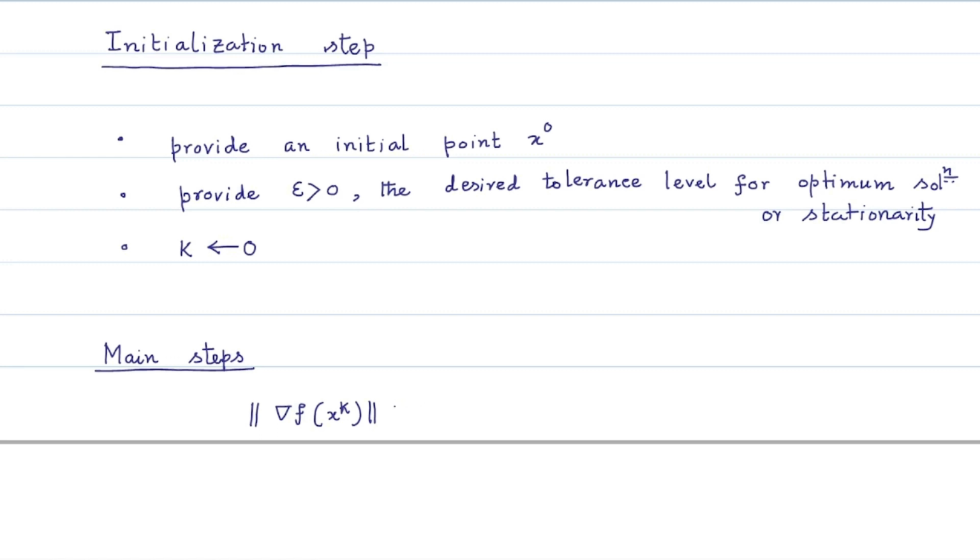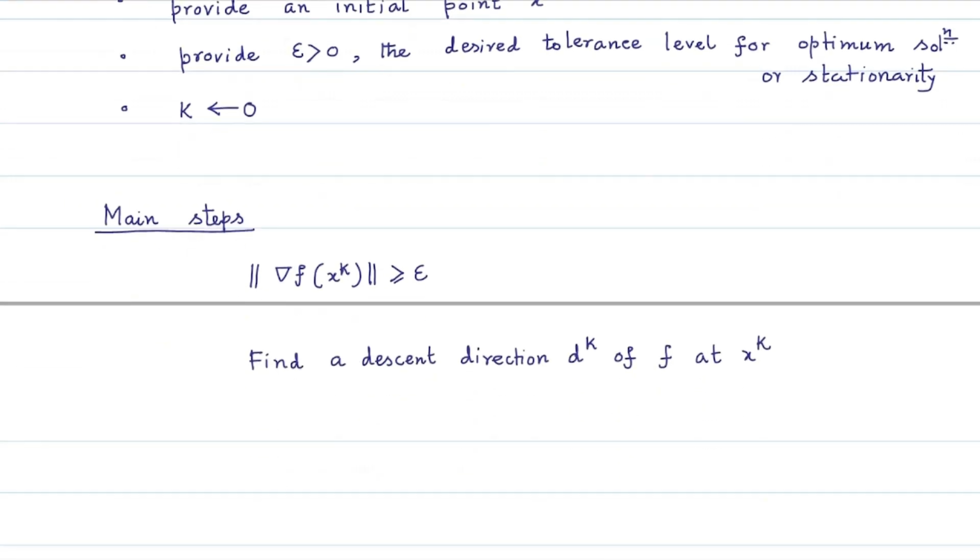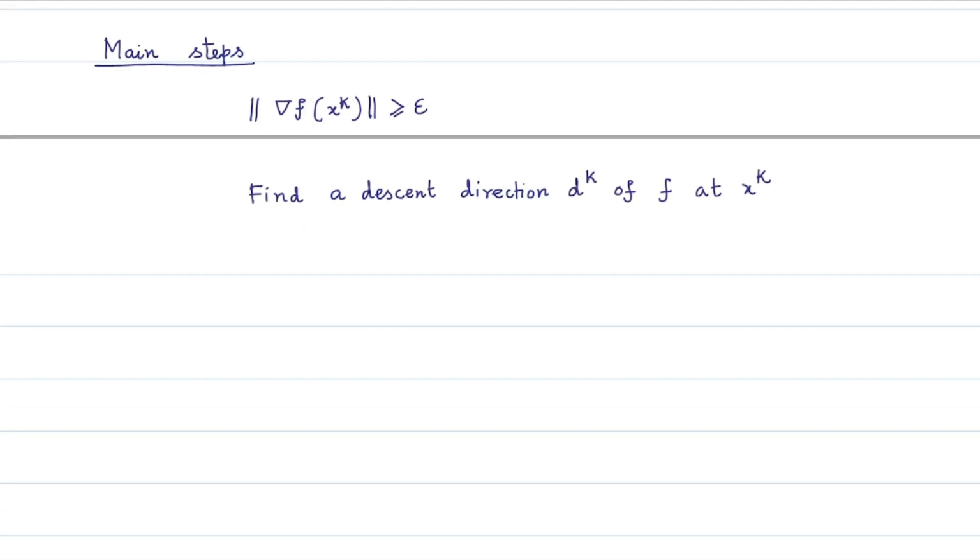If not less than epsilon, then we go for finding a descent direction at the point xk. After identifying a descent direction dk at xk, we compute a step length, say alpha k, along the direction dk at the point xk.